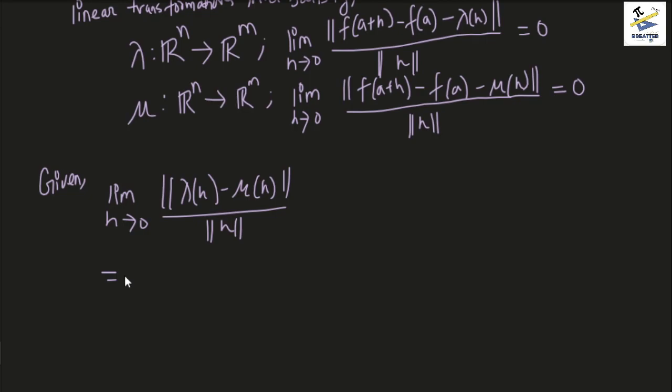Now understand that f of a plus h minus f of a is a finite vector, because it belongs to R to the power m.